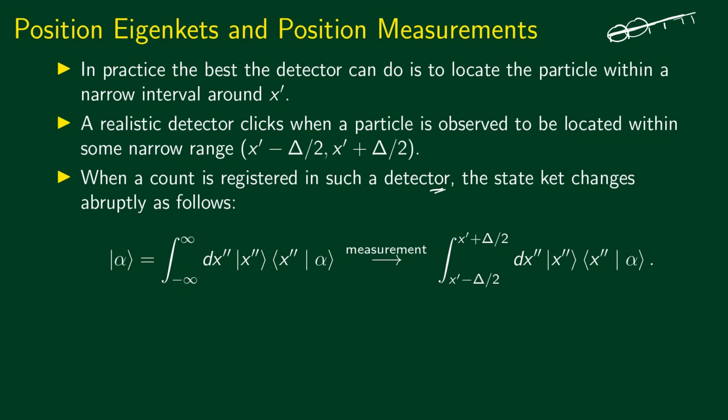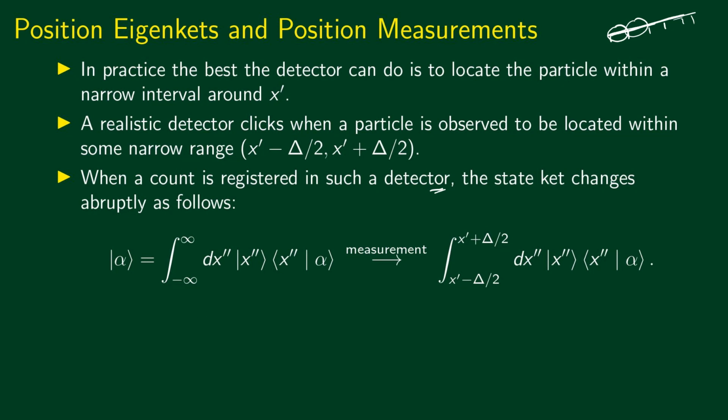So ket alpha is the integral from minus infinity to infinity, dx double prime, ket x double prime, bra x double prime, ket alpha. This is basically the expansion of ket alpha in the position eigenkets. We see that the limits of integration here are from minus infinity to plus infinity, which means that before I make the measurement, the particle is spread out over all the position eigenkets.